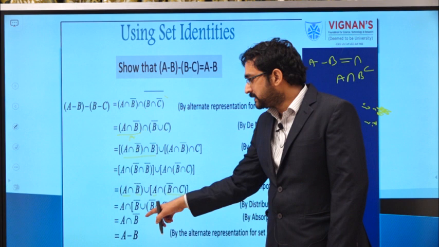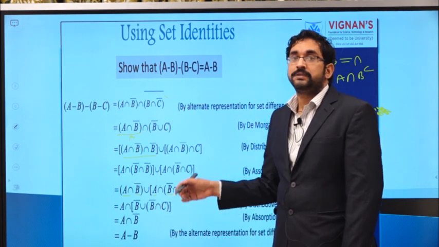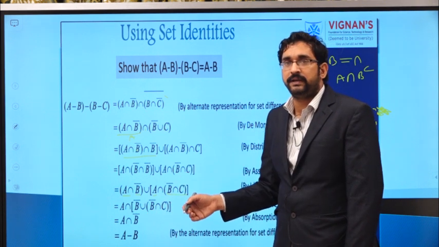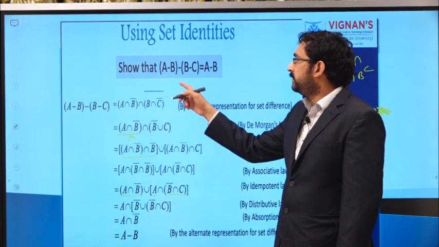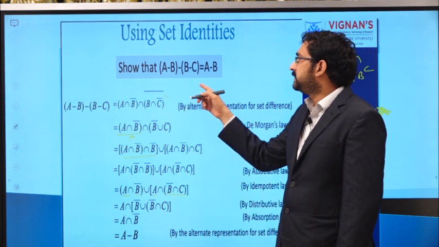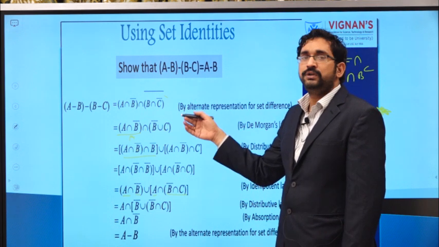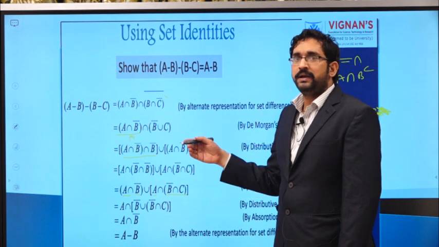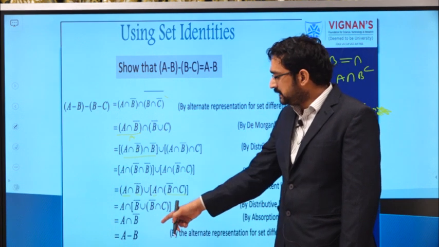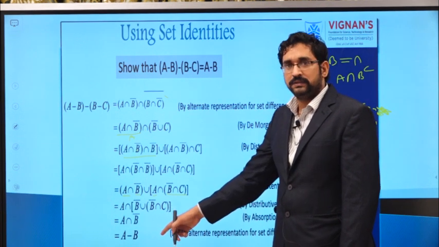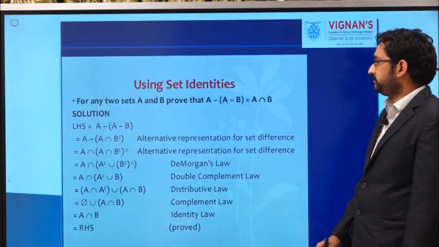So A intersection B complement, which can be written as A minus B. So to show that A minus B minus C equals A minus B, first we took the left hand side part, and after applying some logical identities and set identities, we proved the right hand side, that is A minus B.